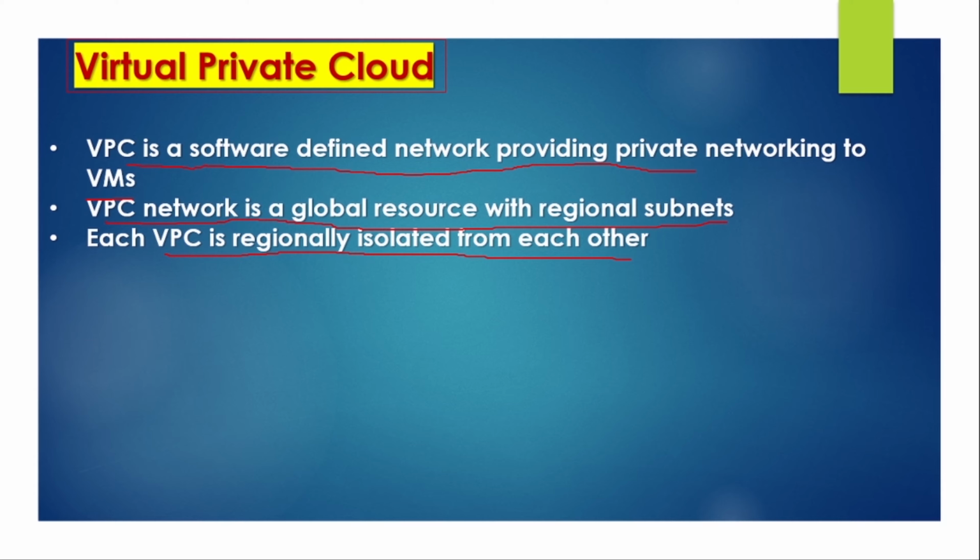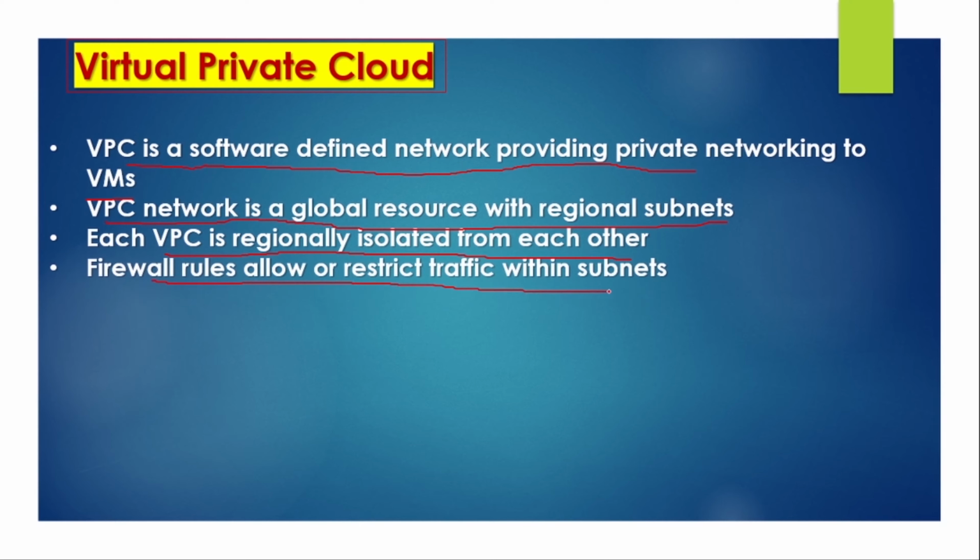So if you are creating multiple VPCs, you need to explicitly allow communication between them using firewall rules. The firewall rules allow or restrict traffic within the subnets. It is quite common for customers to create a public subnet and multiple private subnets and keep sensitive resources within the private subnets. The private subnets are never exposed to the outside world.